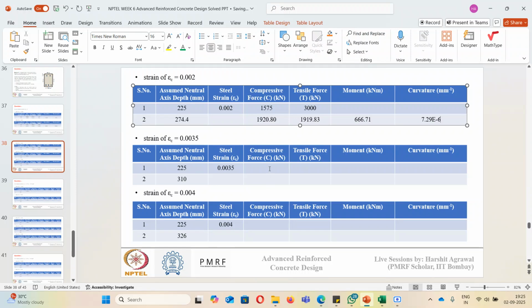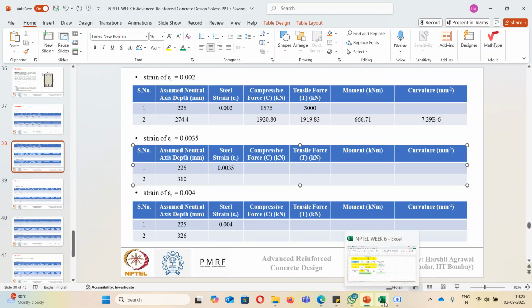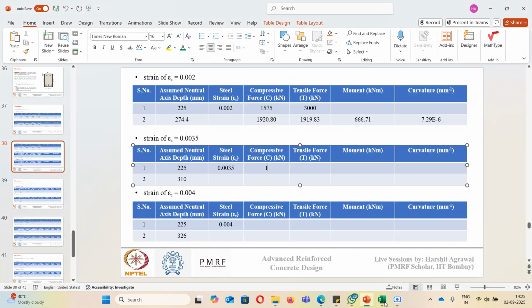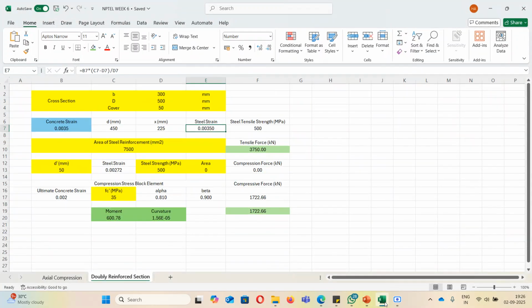Now when concrete reaches its ultimate strain value of 0.0035, if I assume neutral axis depth is 225, compression force is 1722.66, tension force is 3750. Now compression force is way less than the tension force. I need to increase the depth of neutral axis.